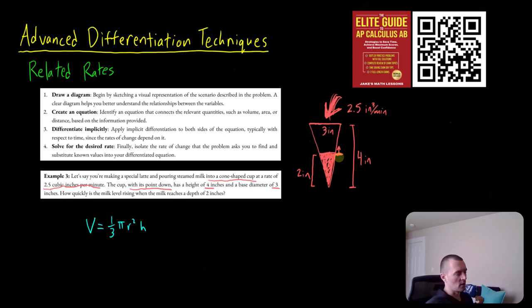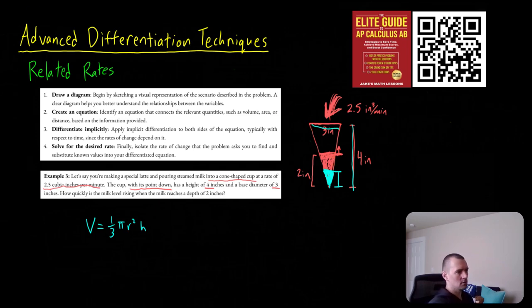Let's look over at this cone again real quick. We know that the milk is essentially creating a similar triangle to the overall cup. No matter what level the milk is at, it's always going to be a similar triangle, right? Like if your milk is way down here, the ratio between the height of that cone and the diameter of its base is going to be the same as the ratio of the height of the cup and the diameter of its base.